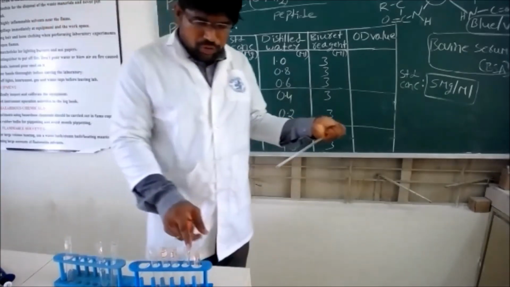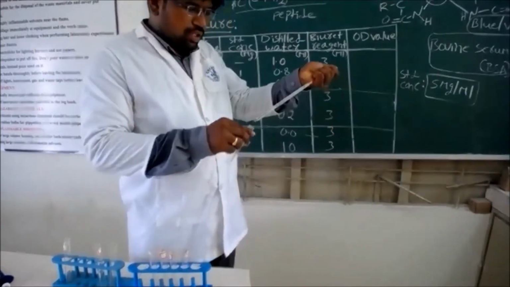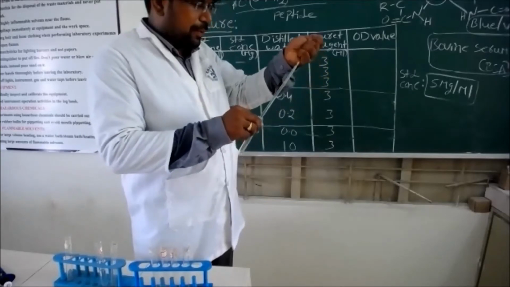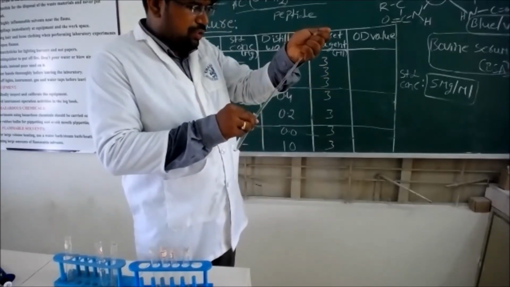Now make the uniform volumes with the distilled water. In the S1, already we added 0.2 ml of the standard, so we add 0.8 ml of the distilled water to make the uniform volume.